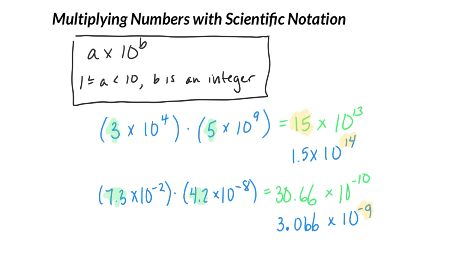I don't know that it's worth memorizing. I would just always think about, well, like this one, it was 13, but I needed to have that one additional exponential move in order to get it to the form I want. Here, the same thing. I moved it here, and that decreased the number of times it was going to move.